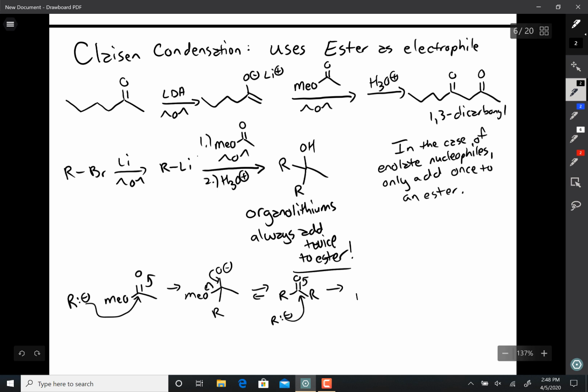So the R- can add again. In the case of the Claisen condensation, you only get single addition.